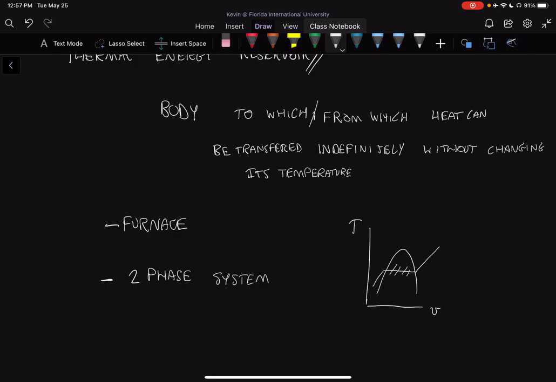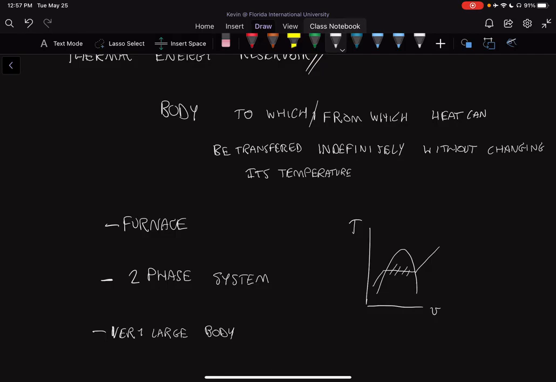Another example of a reservoir is to think of if you're in a very, very big room and you're by yourself and you bring your coffee cup inside. Your coffee cup might be hotter than the room, but the amount of heat that the coffee cup exchanges with the room is so small that the room is not going to change temperature. Okay? So it can be thought of also as a very large body that is not influenced by small changes in heat.